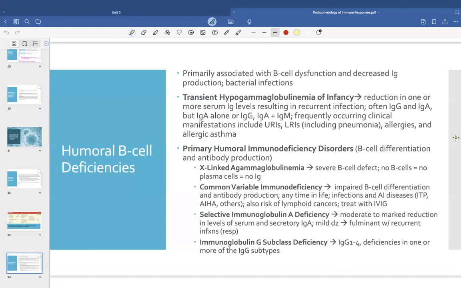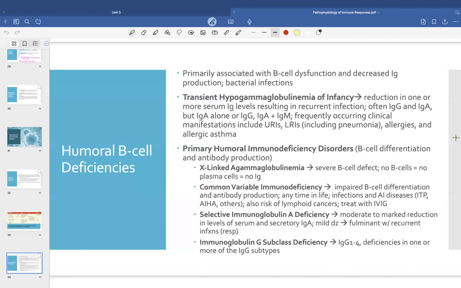There's common variable immunodeficiency. This impairs, it's not all or none, but it impairs your B cell differentiation and then antibody production. It can manifest anytime in life.